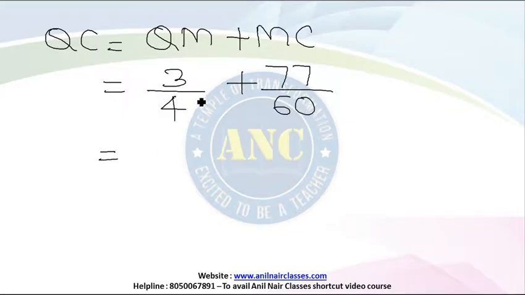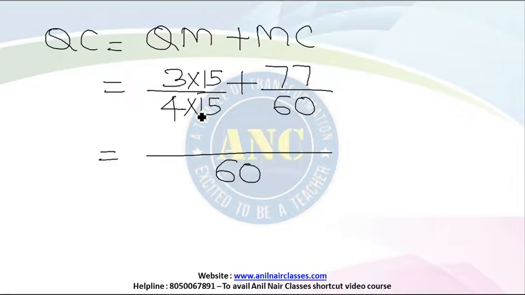Now I want to make this denominator 4 as 60. Multiply by 15. That means total denominator is 60. 45 plus 77, 70 plus 40 is 110, it is 112 is what I am getting.